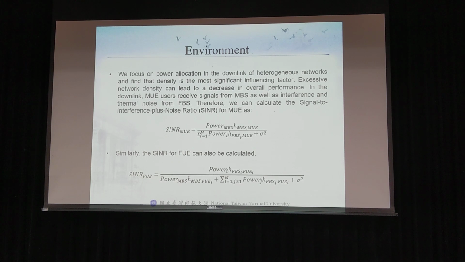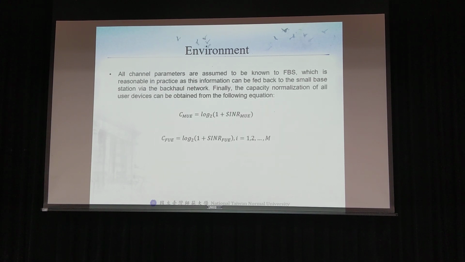In the downlink, MUE users receive signal from the MBS as well as the interference and thermal noise from FBS. Therefore, we can calculate the signal to interference plus noise ratio, which we call SINR, for MUE as in the following equation. Similarly, the SINR for FUE can be calculated like the following equation.